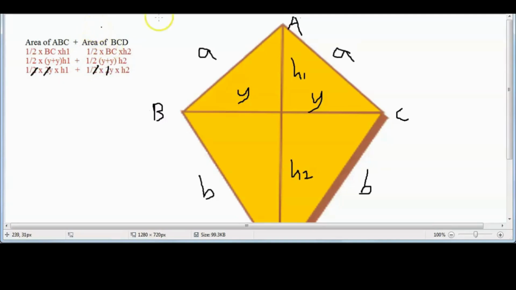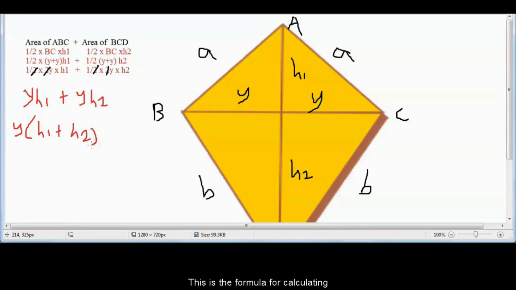So we're left with YH1 plus YH2. If you factorize, you end up with Y into H1 plus H2. This is the formula for calculating the area of a kite.